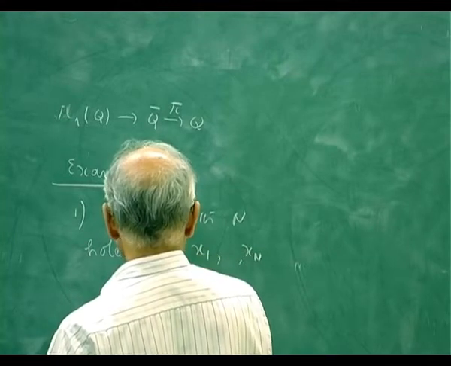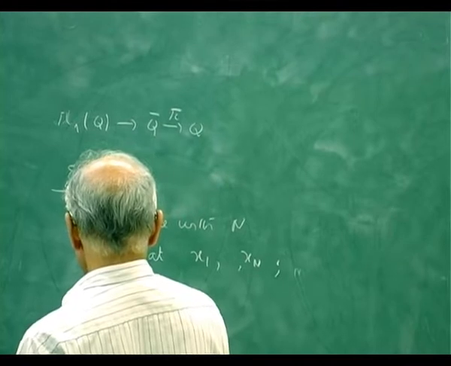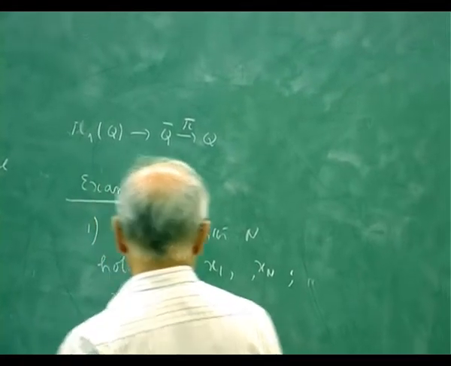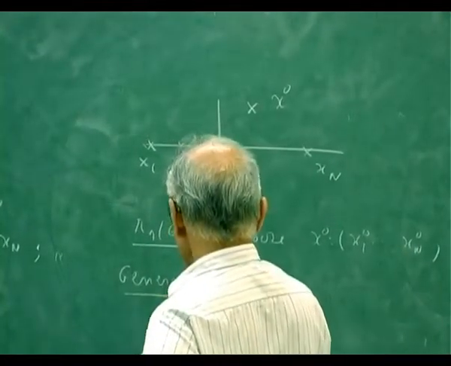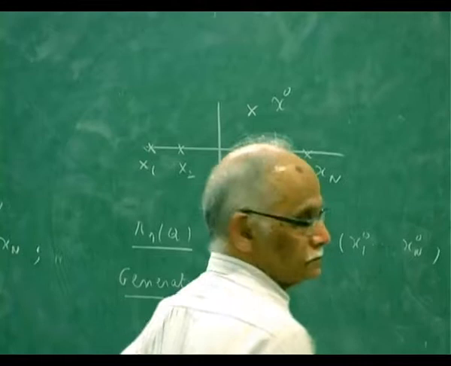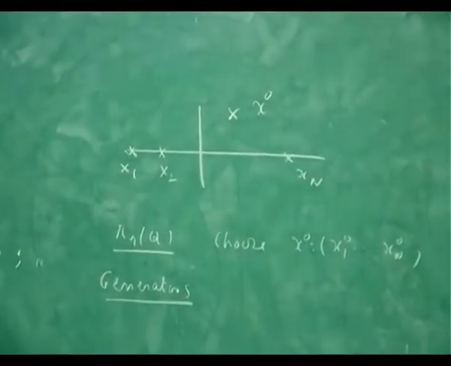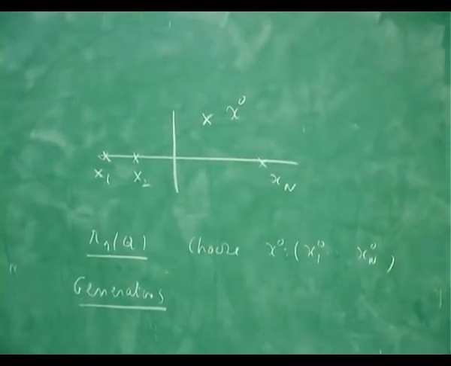And these holes are positioned here, where no two holes coincide. This x0 does not represent a hole. X0 is not a hole. It's a point in the complement. These are the holes.